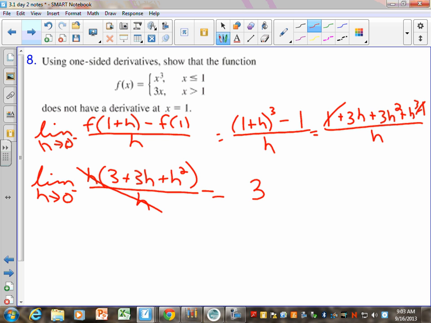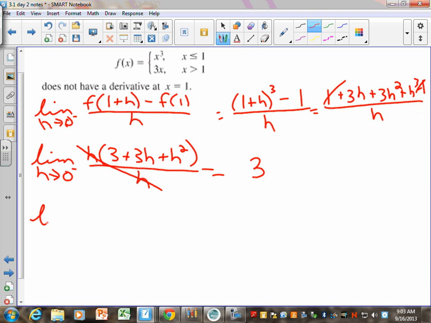I'm going to do the same thing as h comes from the right, and you might say, how's this going to change? The first time I did this, it took me a while to figure this out, but now I know how to tell you. Coming from the right means that I have to use the function on the right, okay?